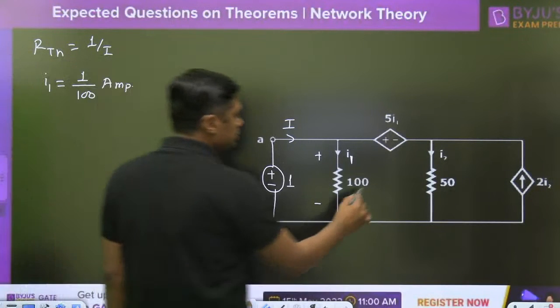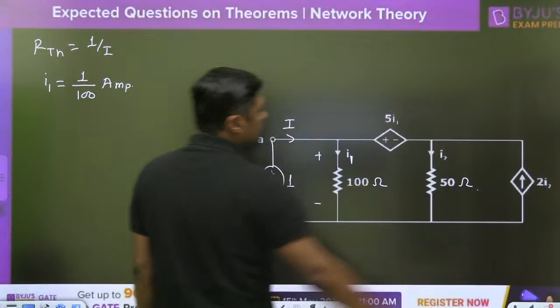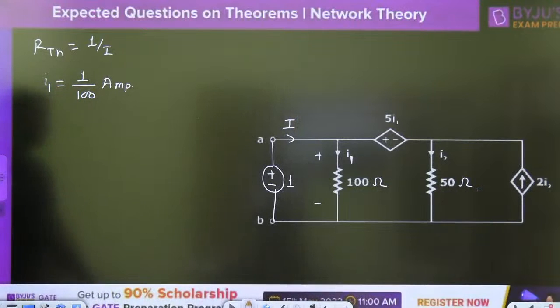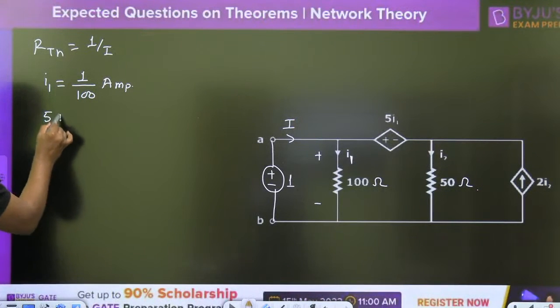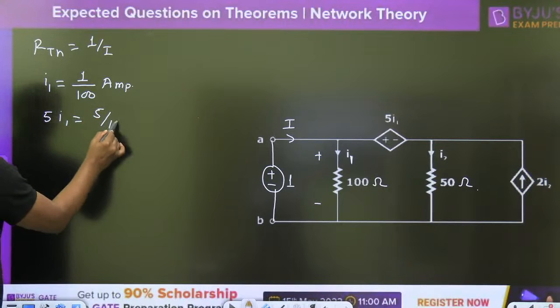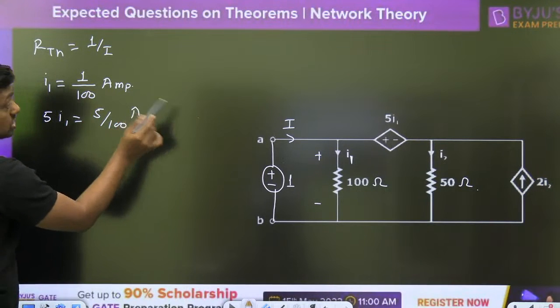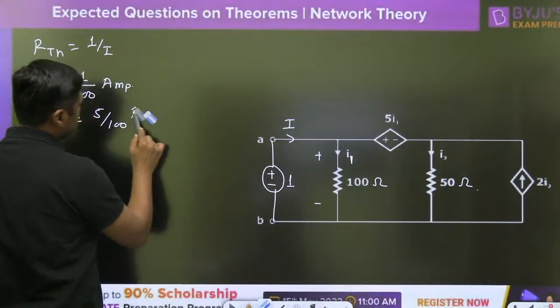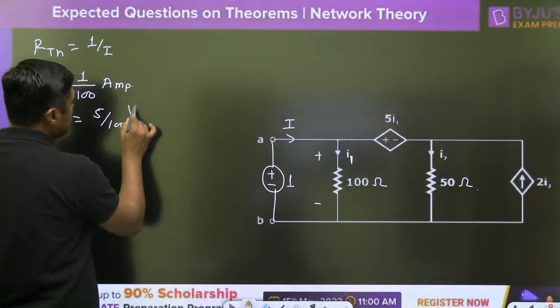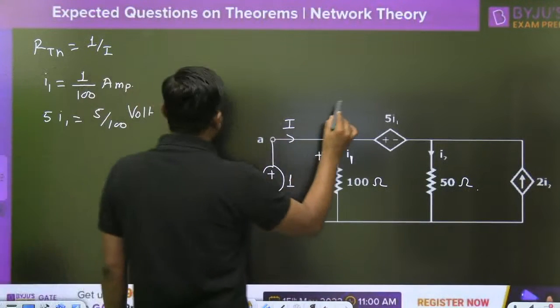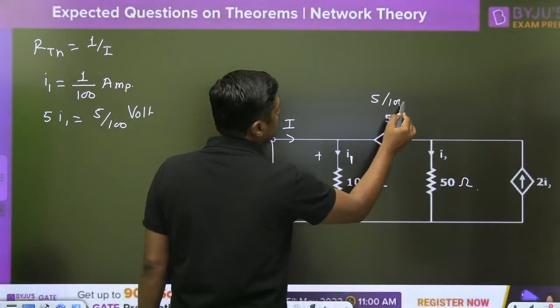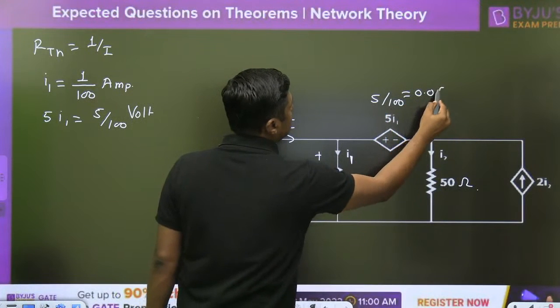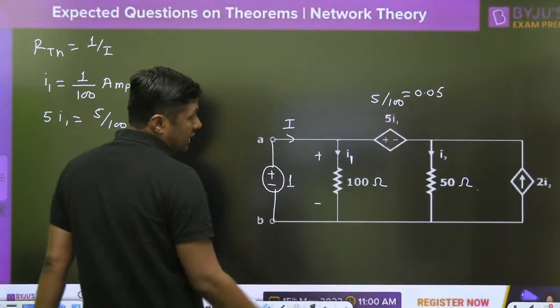Then what is the 5I1? 5I1 is equal to 5 by 100. This is a voltage source, 5 by 100, that is 0.05. Okay.